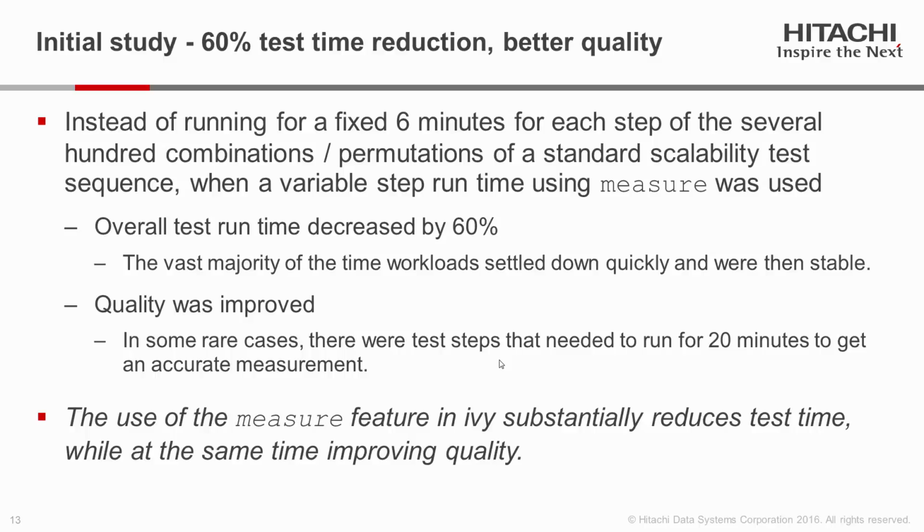And what we saw was that the overall test runtime decreased by 60%. This is because the vast majority of the time the workloads settled down quickly and were then stable, so we didn't need to test for very long. But it turned out that there were a few cases where it took a long time for initial transient conditions to settle down, or where on an ongoing basis there was an instability in the workload on the subsystem, and because of the variation from subinterval to subinterval, we sometimes needed to run for as much as 20 minutes to get an accurate measurement.